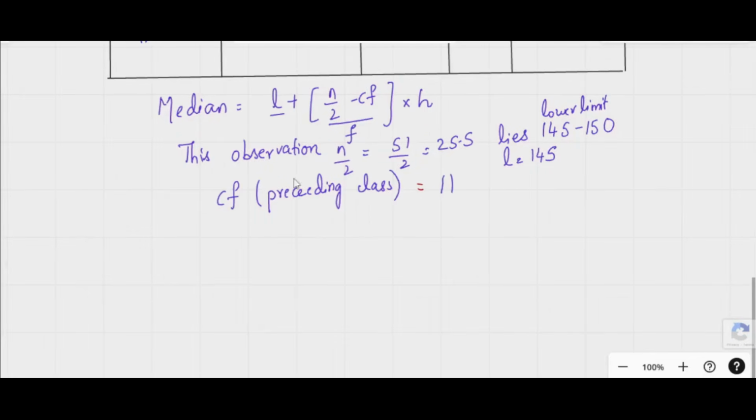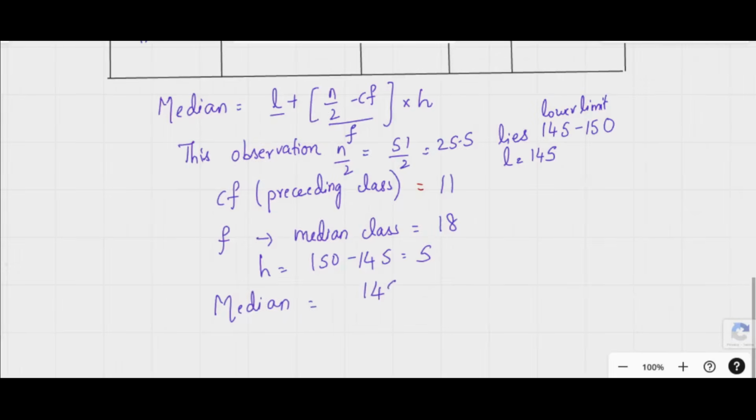Yes. And what is f? f is the frequency of the median class, the frequency for the observation 145 to 150, that is 18. Now h is equal to 150 minus 145, that is 5.